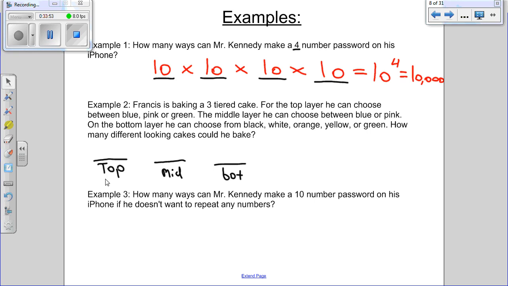The middle tier, he has between blue or pink: 2 options. And the last tier, he has black, white, orange, yellow, or green, which is 5. To figure out the total number of cakes he could create with all the combinations, you multiply these together to get 30. So he can create 30 different looking cakes using that setup.